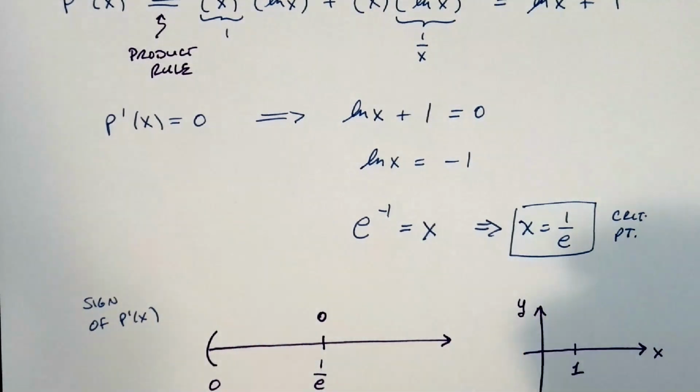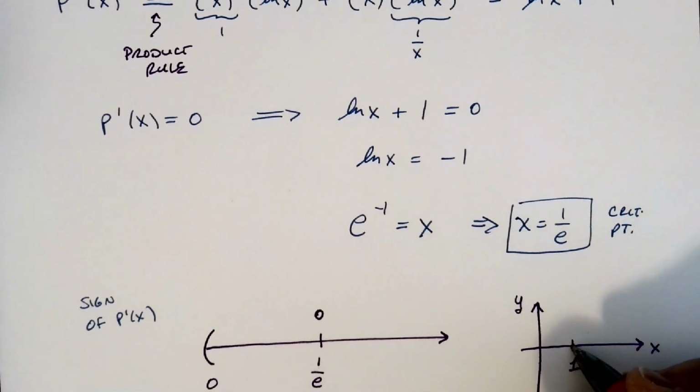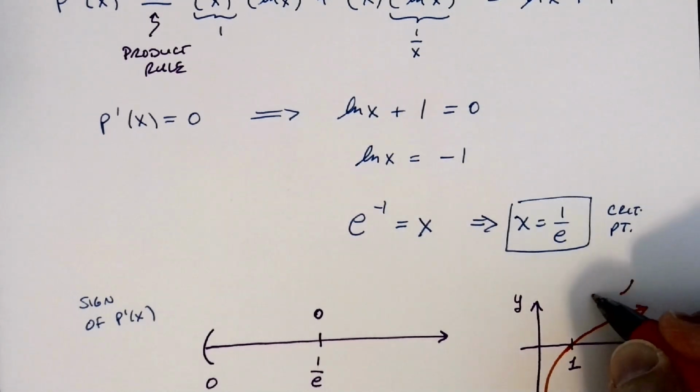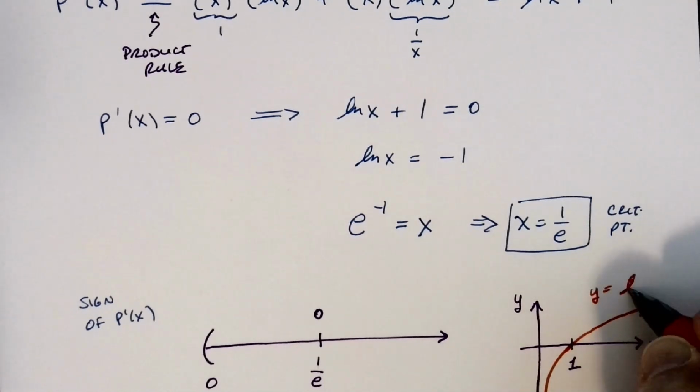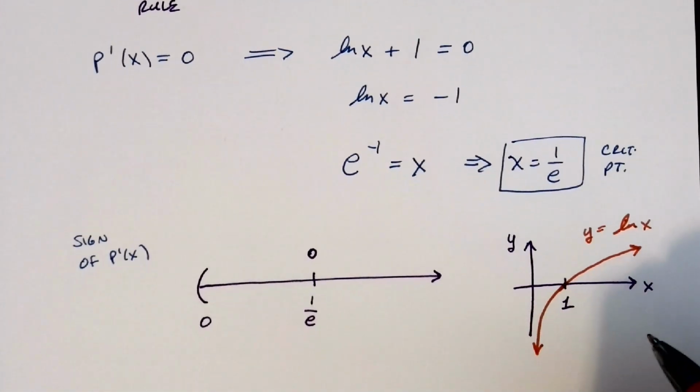So we should know that the natural log of 1 is 0, and as we take the natural log of x and x gets closer and closer to 0, we start to drop off. We're approaching a vertical asymptote here. X equals 0. The y-axis is a vertical asymptote. Going in this direction, we continue to increase. So this is a rough sketch of y equal to the natural log of x. So you need to remember that.